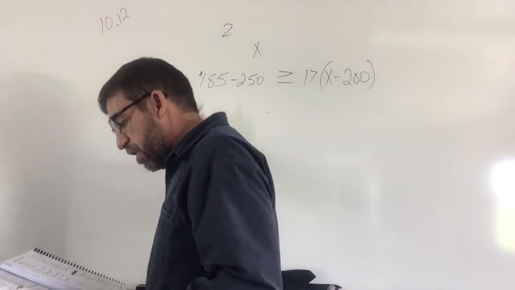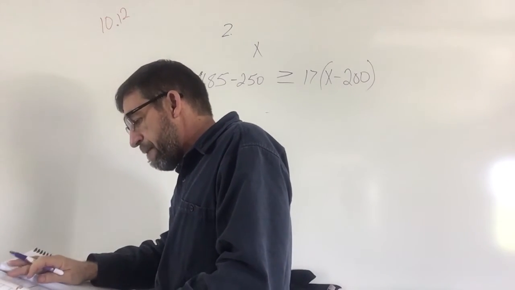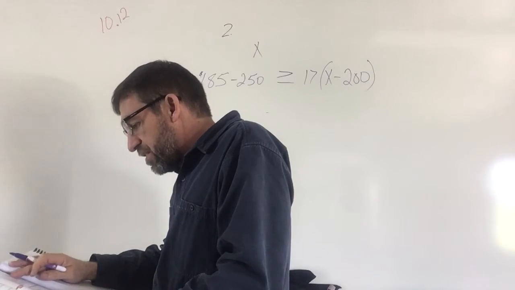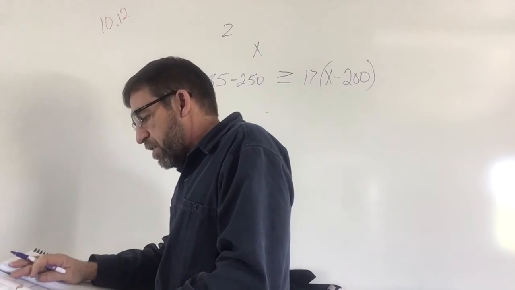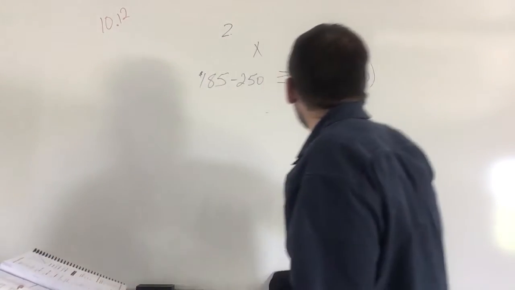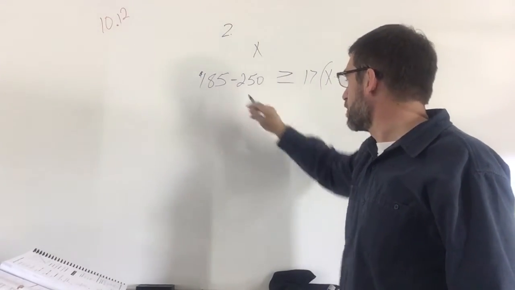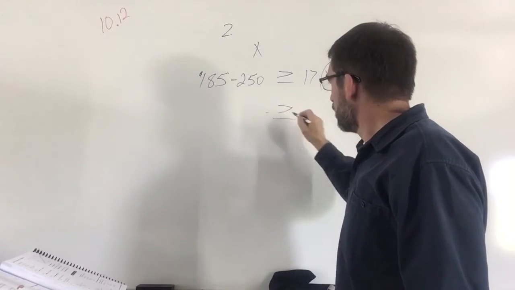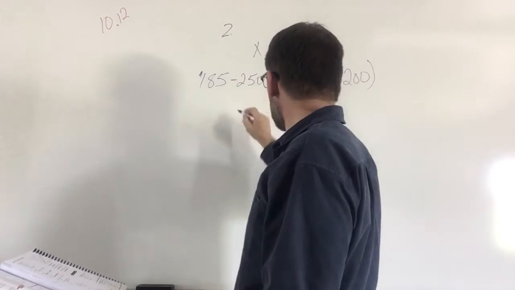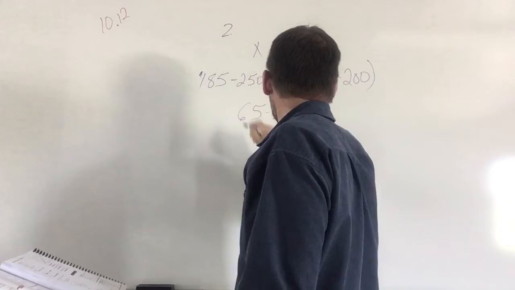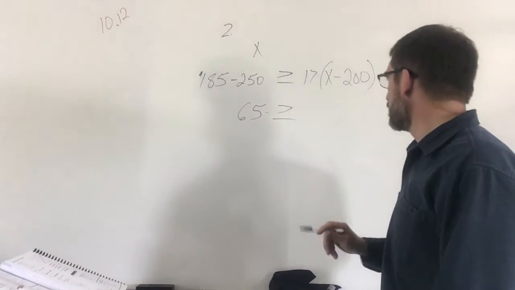If their total budget for the car was $250, and then you got 17 cents a mile for anything over 200. Okay, so for the first 200 miles, it cost them $185. And so here would tell you what their amount would be. If you subtract this here, that will make $65. Okay, so they have $65 for this.